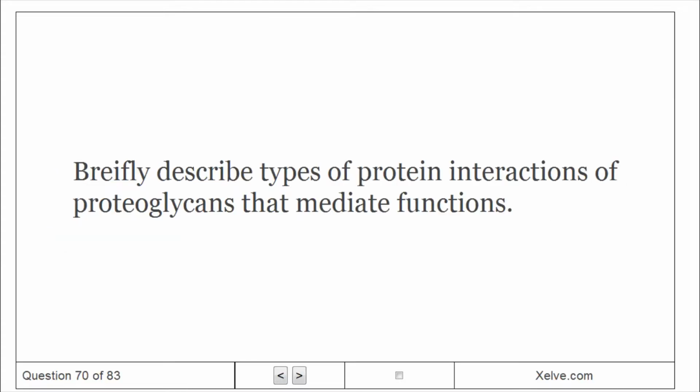Briefly describe types of protein interactions of proteoglycans that mediate functions.